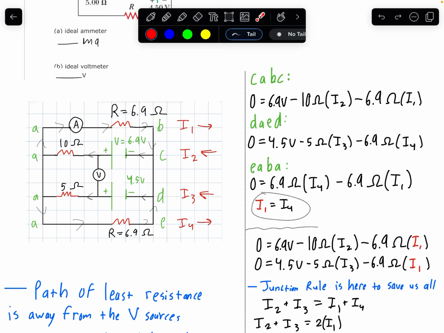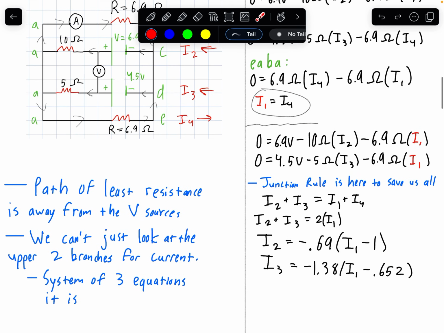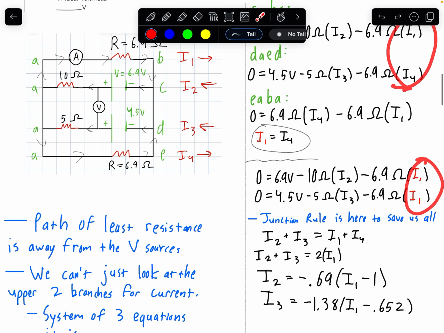So plus 6.9 ohms times current I4. And then I'm going with the current here, so that's minus 6.9 ohms times I1. And then we get to simplify the equation a little bit because I1 equals I4. I just plug in I1 for I4.